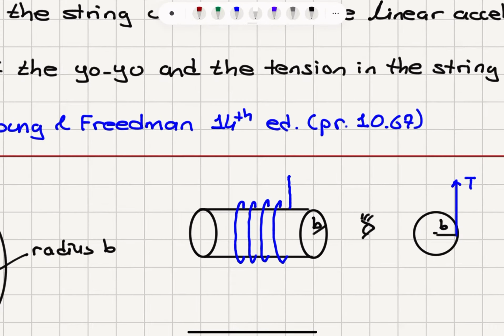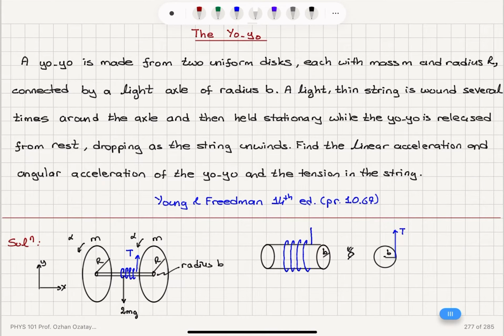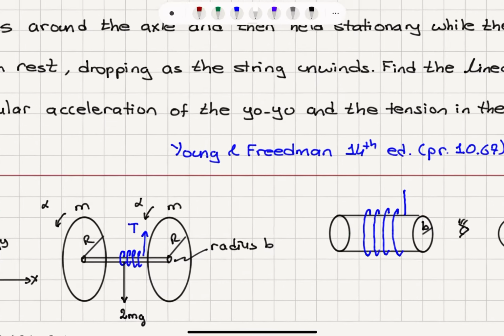Okay, so looking at it from the side, side view, you can see that we have basically a cylindrical region, that's the axle, and we have the tension T on the string that is pointing up. All right, so if we write the net force on the y-axis, because we have assumed that the axle is light, we neglect its mass.